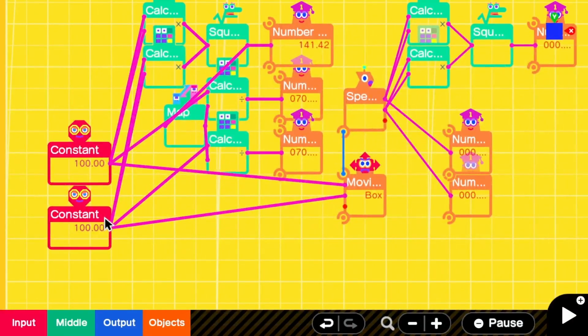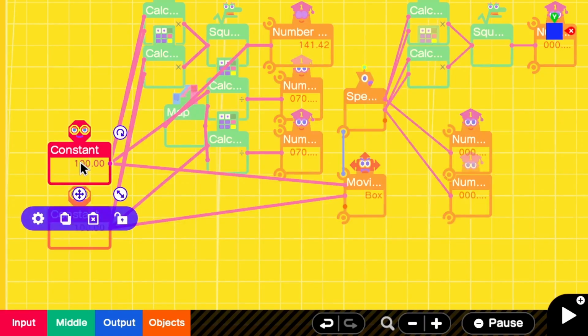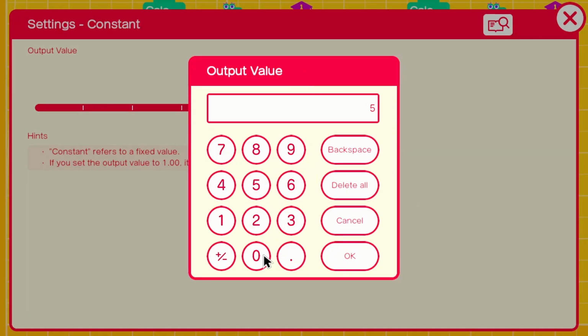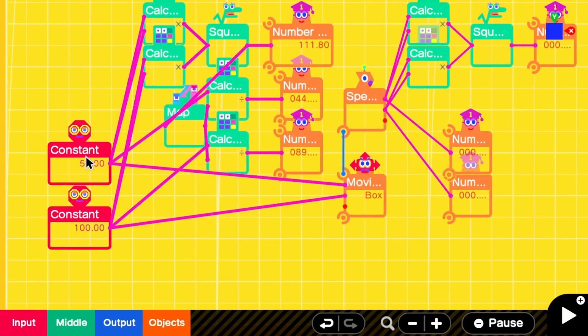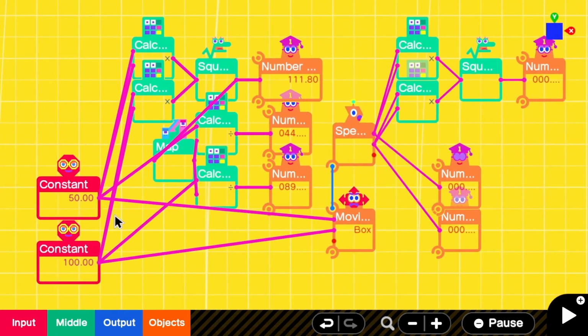Now, if I change this, for example, to 50, so 50 and 100, here I just pre-calculated everything. If the actual speeds of the object were 50 and 100, this would be the total speed. As you can see here, the total speed will go over 100 meters per second.